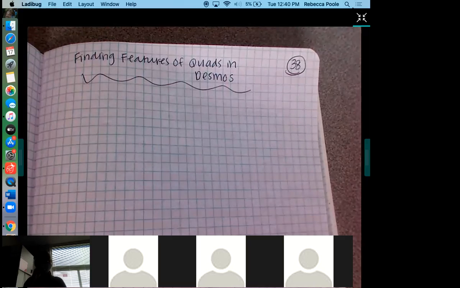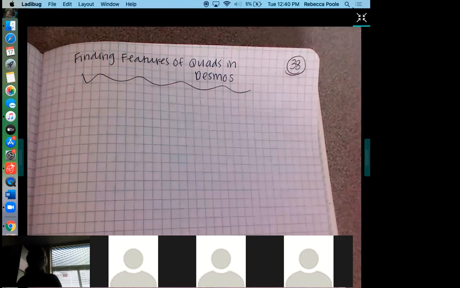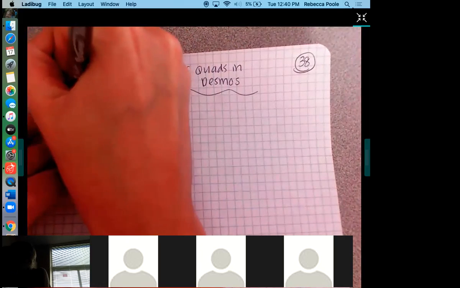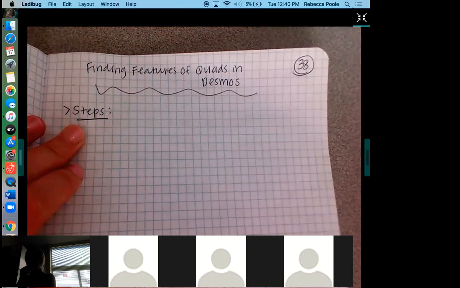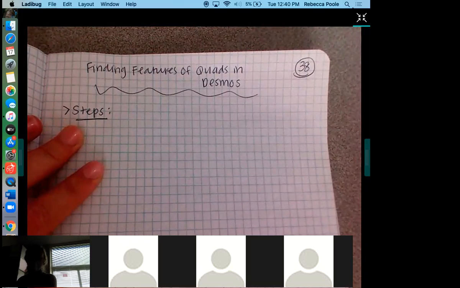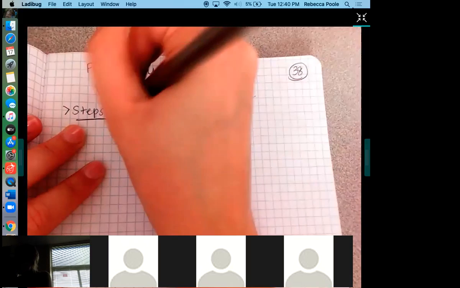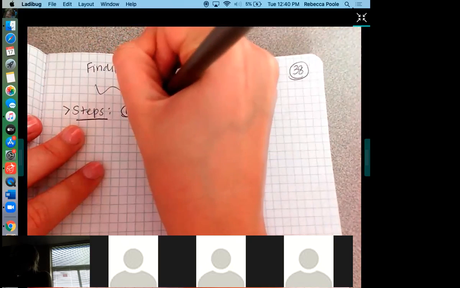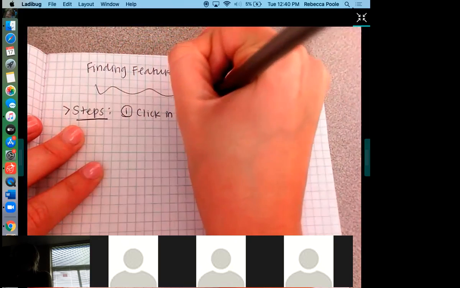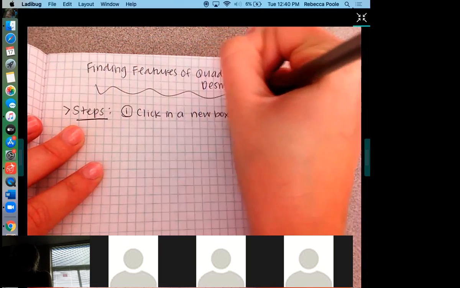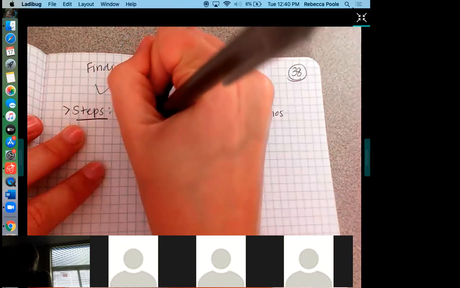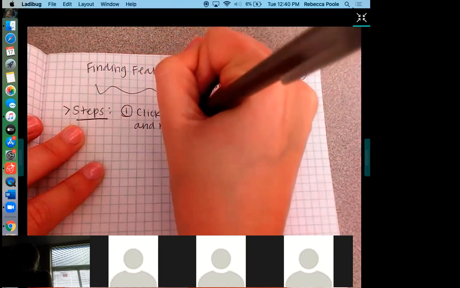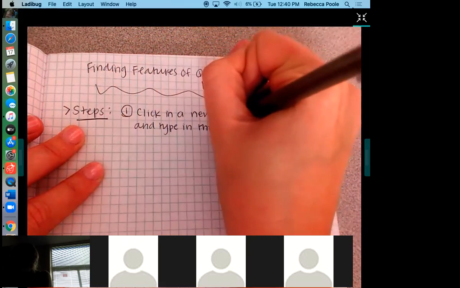So let's start with steps, and then I'm just going to do a couple examples, and then I think y'all will honestly be good because it's not bad. You just look in Desmos for the graph. So let's write down our steps first. So step 1, you're going to click in a new box in Desmos and type in the equation.